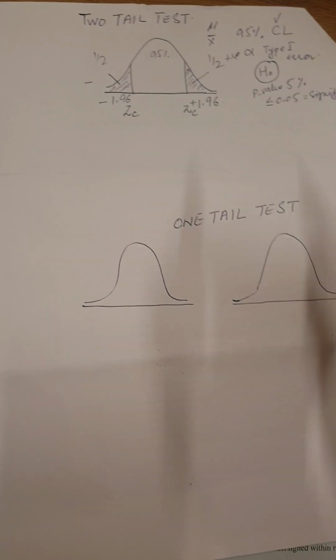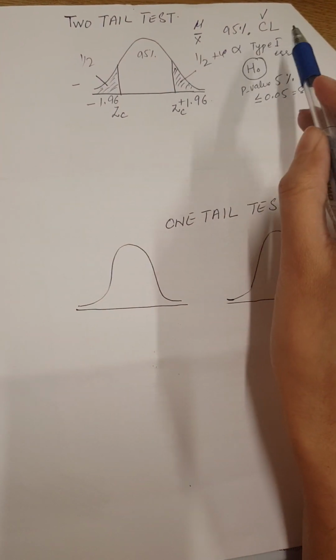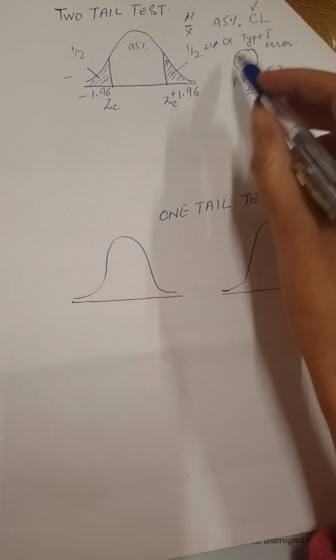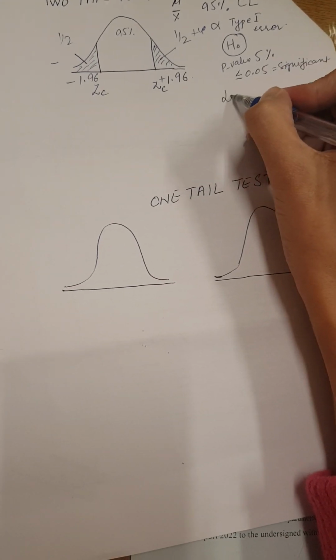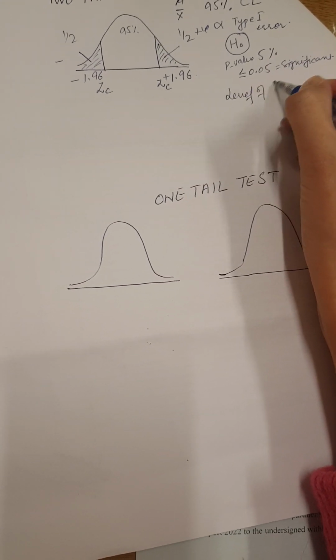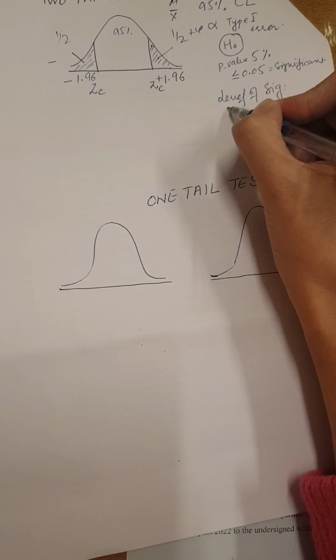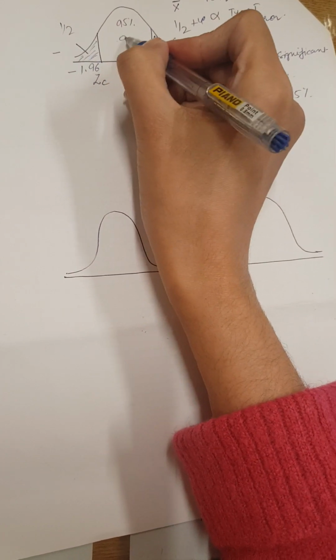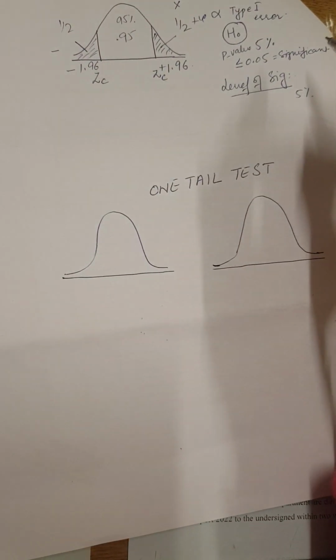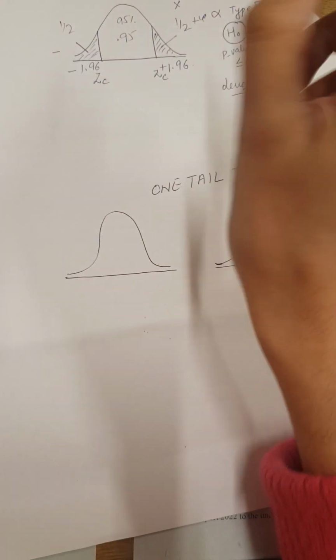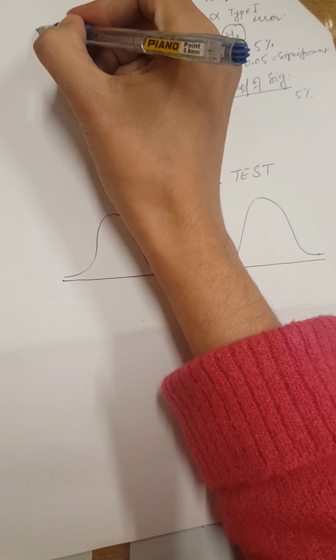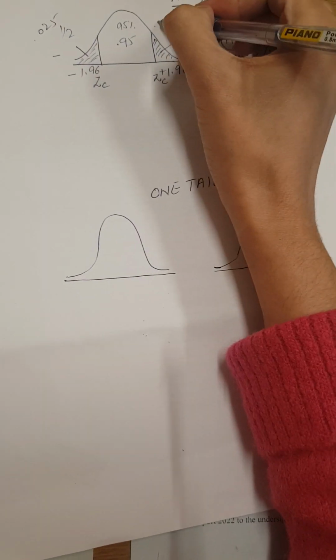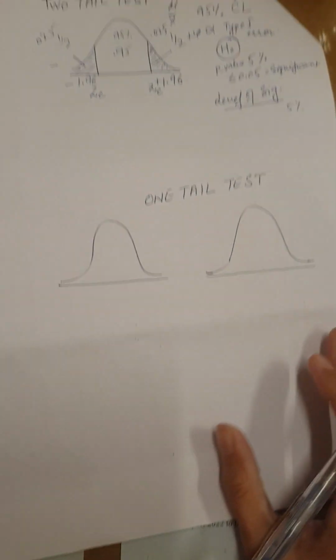So at 95% confidence level, our type 1 error, which is also called the level of significance, is 5%. So this is 0.95, and the 5% is split in half: 0.025 is here, 0.025 is here.